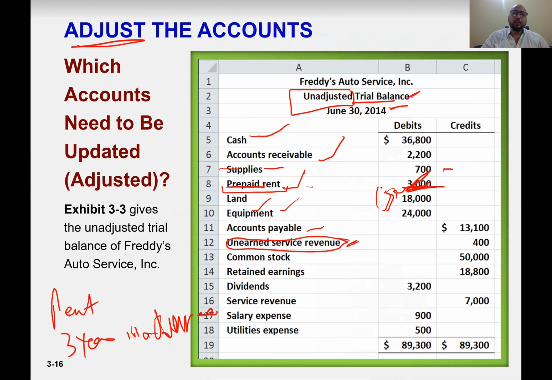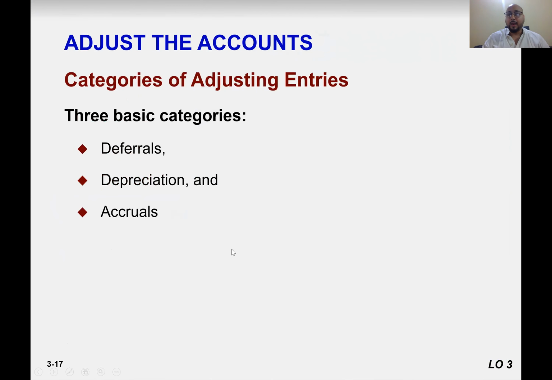right? So adjusting entries are of three natures: deferrals, depreciation, and accrual. At the end of the period, you didn't know how much machine and equipment I have used, right?